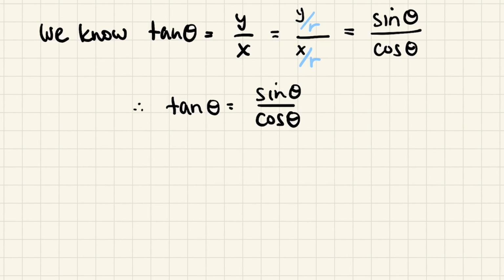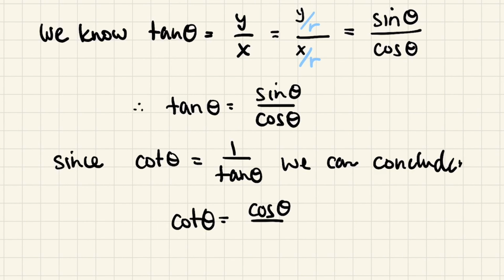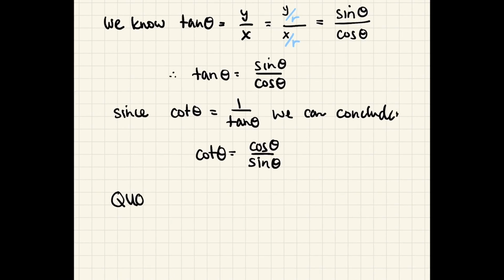Okay, and since cotangent of theta is the reciprocal of tangent of theta, we can conclude that cotangent of theta is cosine of theta divided by sine of theta. And this gives us the quotient identities.